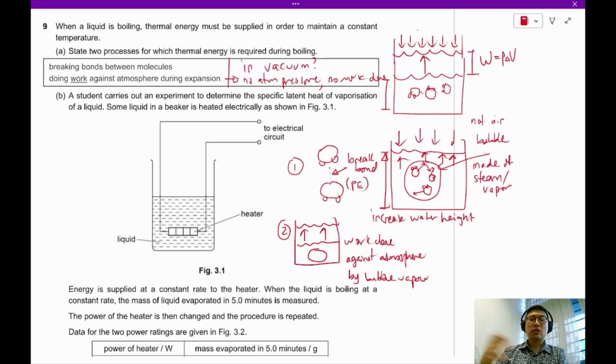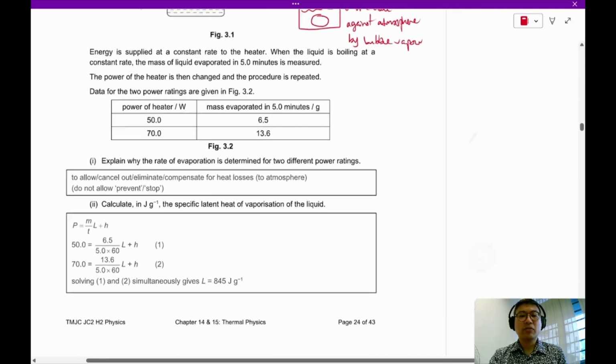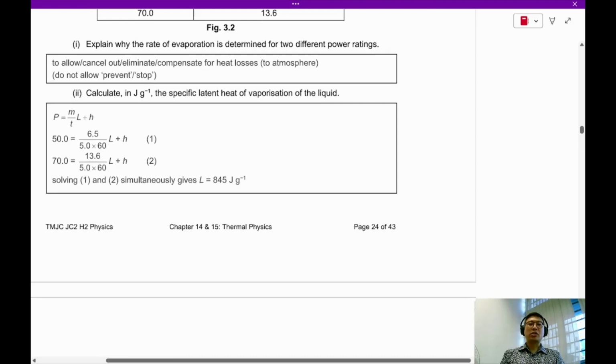This means that in space or high up in altitude where the atmospheric pressure is lower, let's say on Mount Everest, you require less energy to boil water because you don't need the water to do work, or do less work, against the atmosphere.